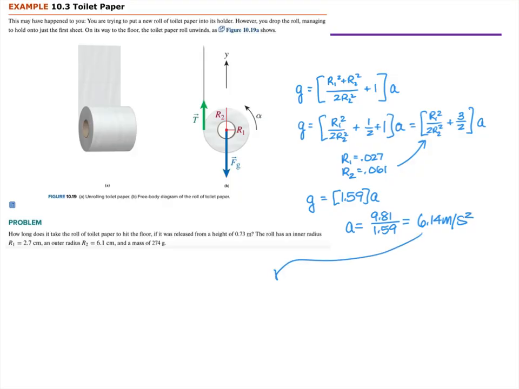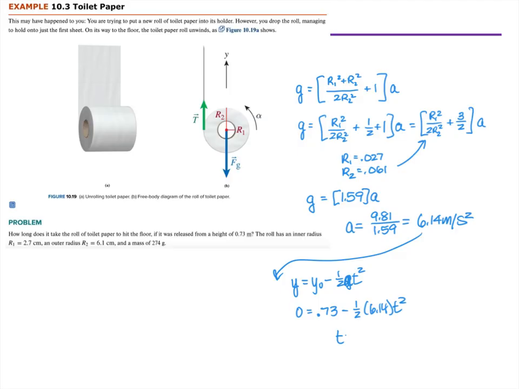Let's put this back into our expression to see how long it takes this to fall. This is a, not g. So 0 equals 0.73 minus 1/2 times 6.14 t squared. So we have a new acceleration.